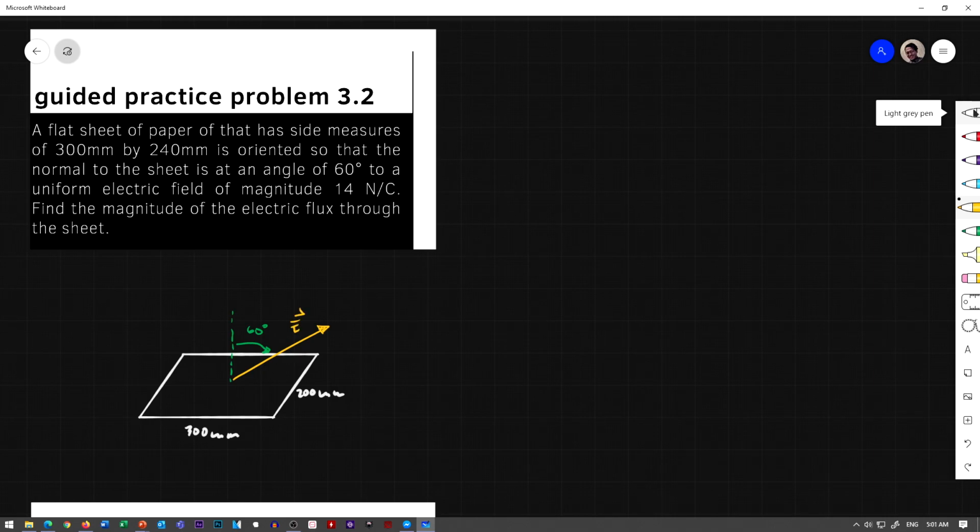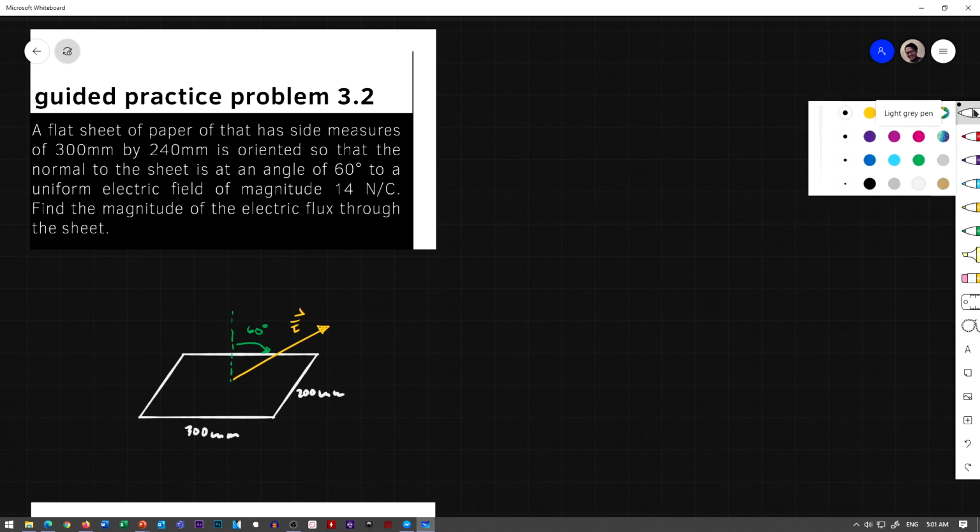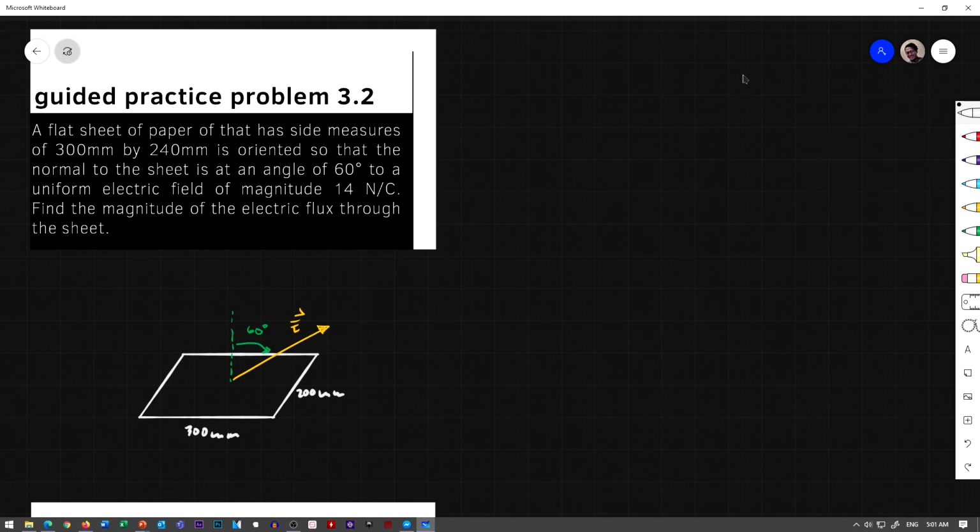Okay, so now we're going to look for the magnitude of the electric flux. So let's write the given. For our electric field, we have 14 newtons per coulomb. For our area, it's just what? Length times width, no? So that's 300 millimeters by 240 millimeters. Or you can just write length and width. Oh, it's 240, actually.